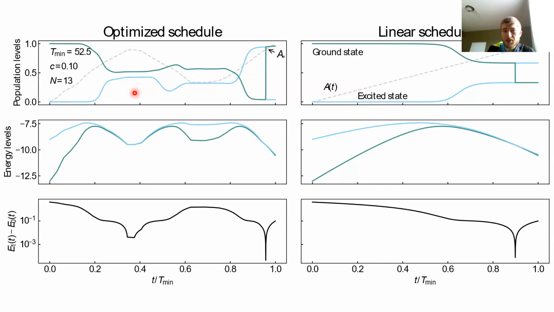So for n equals 13, excuse me, the energy levels get close to each other here, then they go apart, and then they get close again at the end. And this is why we have this double inversion happening, where we cross here and then we come back up and then finish at the population that we want.